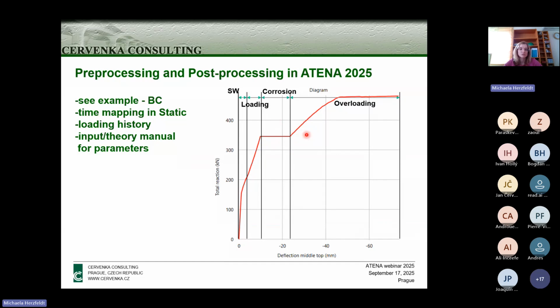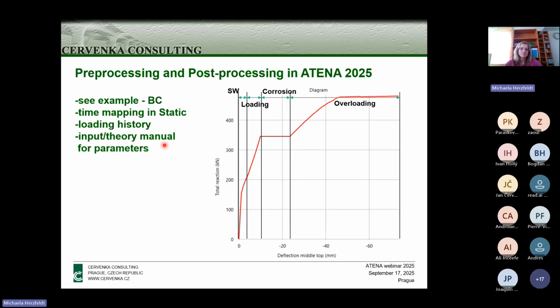And then you can also do the same analysis without this corrosion part, for example, and compare the load bearing capacity for the structure that was not exposed to any environment or some harm of these effects.